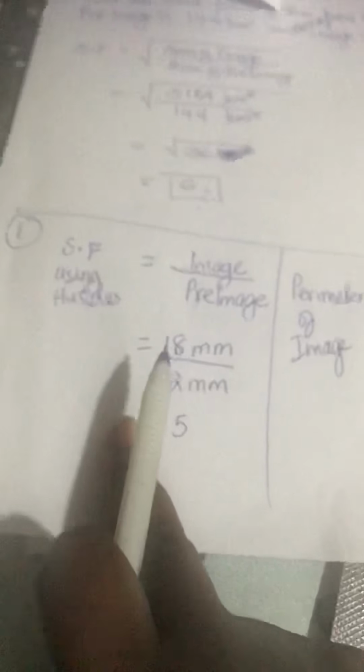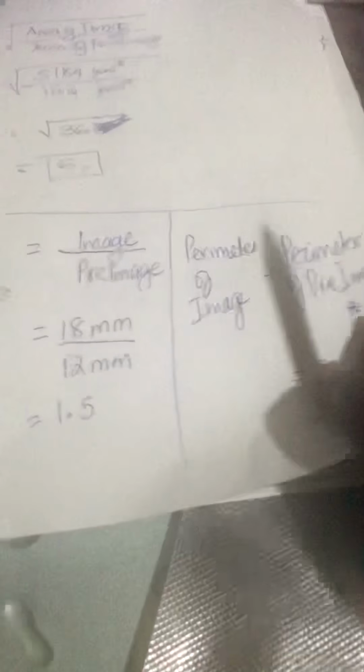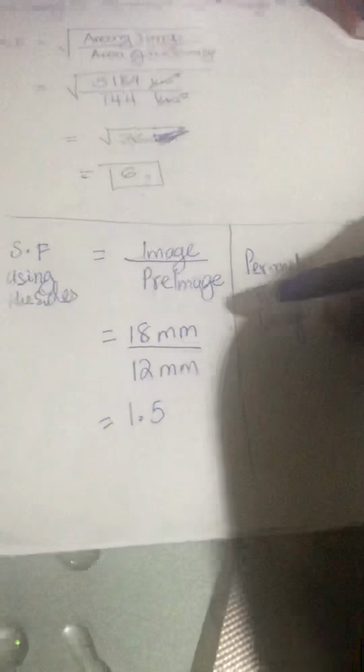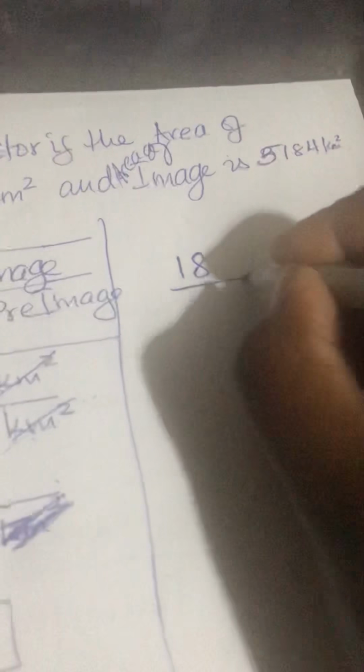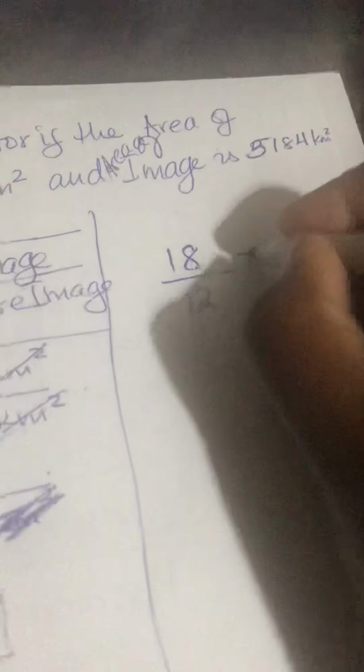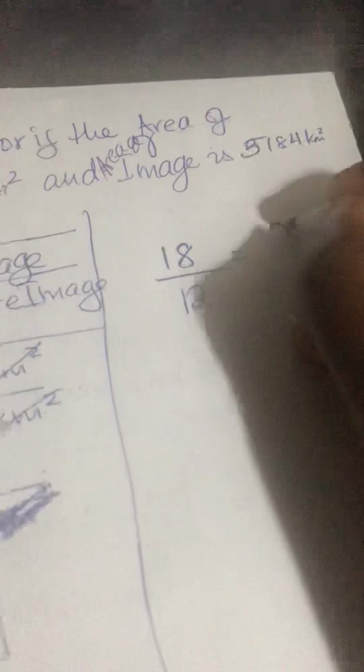Okay, so I first had to find the scale factor, and then after I found the scale factor, I multiplied with the pre-image. Now let's do it a different way. I'll do it over here. So what am I looking for? Perimeter. I can set up my proportions. So I will say 18 over 12 equals x over 38.